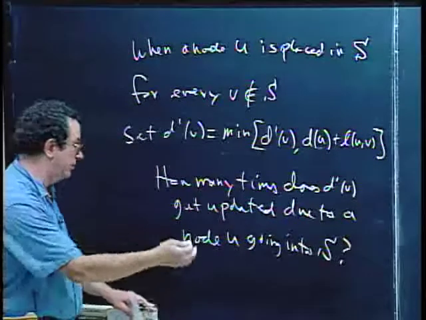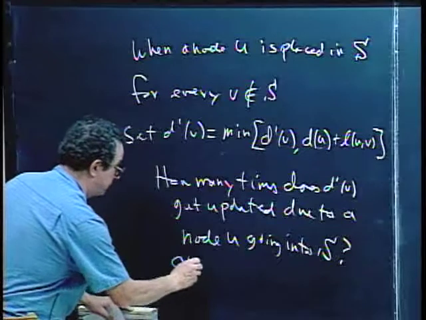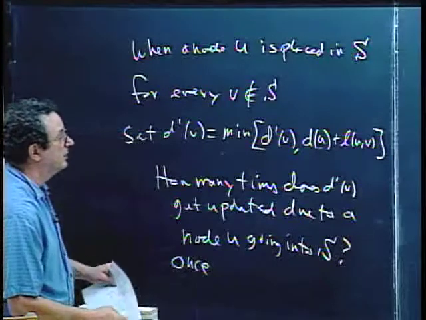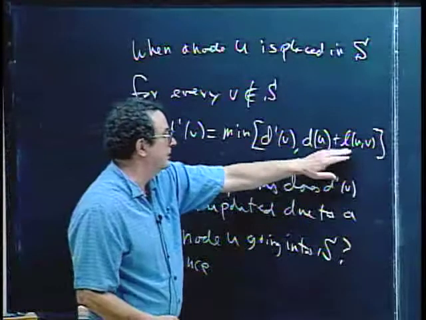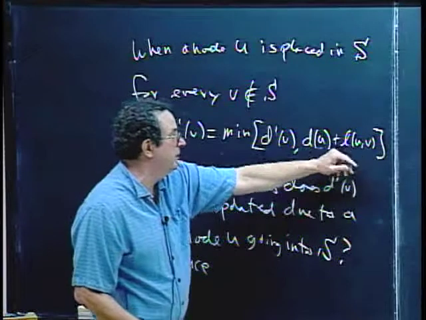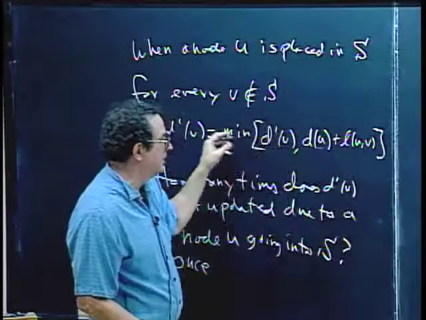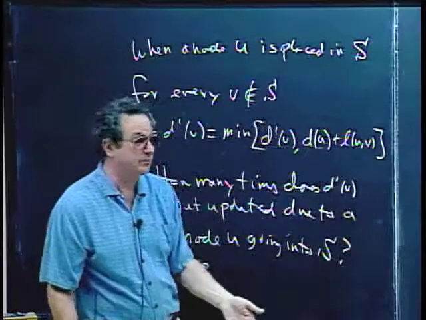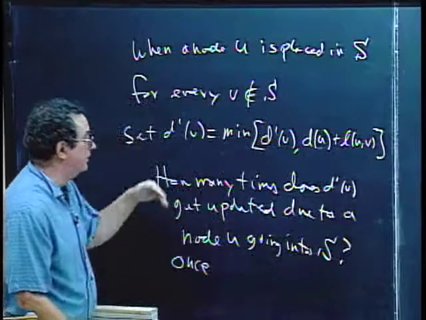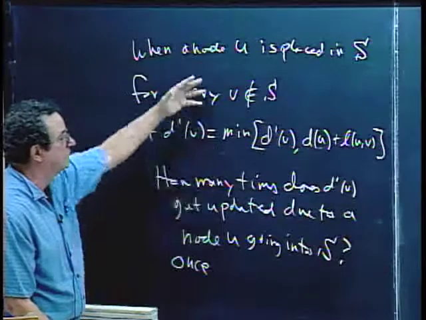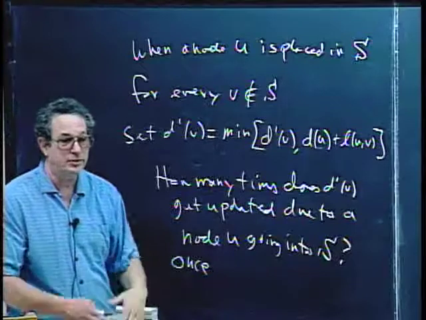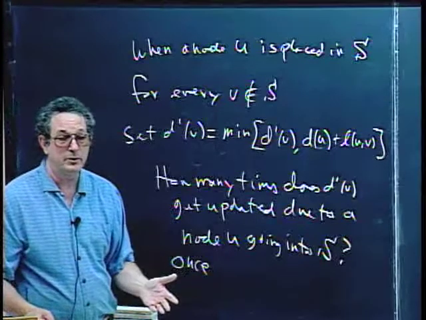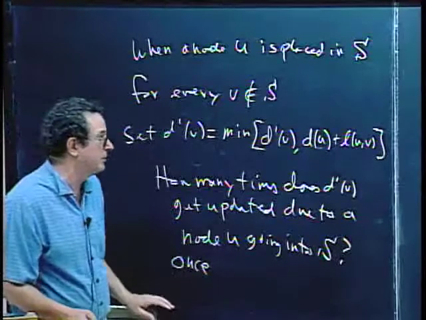Over the entire execution of the algorithm, that only happens once, which means that we only have to look at an edge, UV, in part of this updating once over the entire algorithm, which means that the entire number of updates that we have to do over the entire algorithm is order of the number of edges. In fact, it's less than or equal to the number of edges.